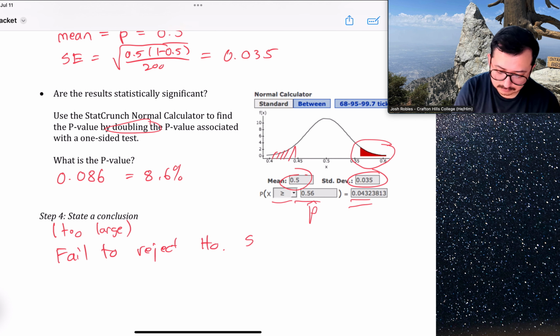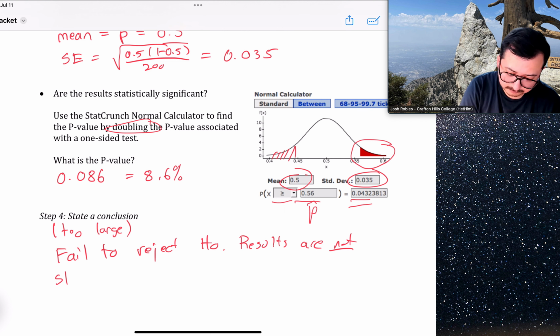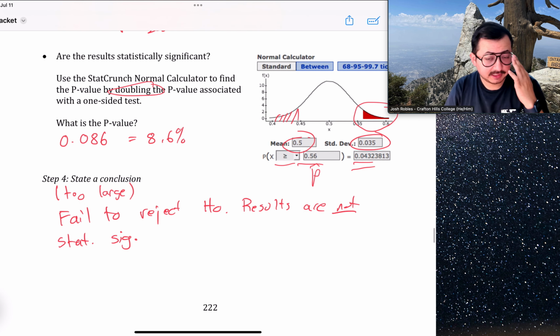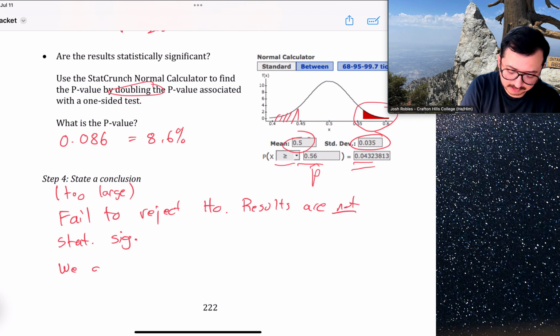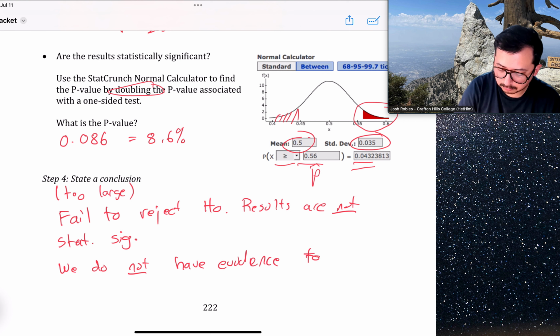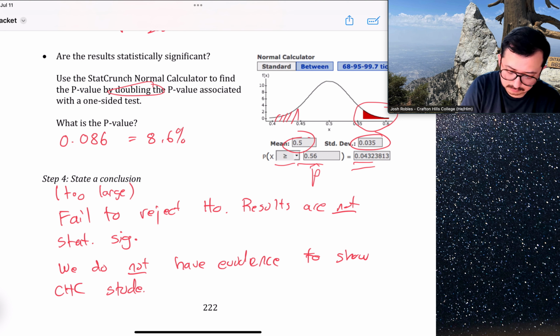Our results are not statistically significant. But context is more important, so we do not have enough evidence to show Crafton students prepare more drafts.